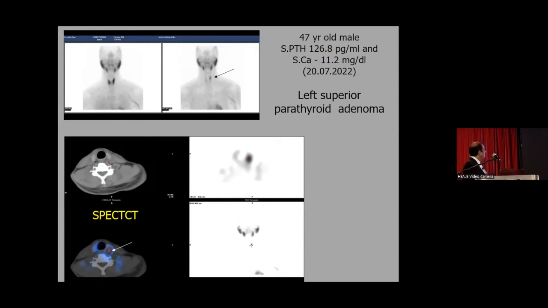You are clearly able to see it in the planar scan, and exact localization is possible here from the SPECT-CT.